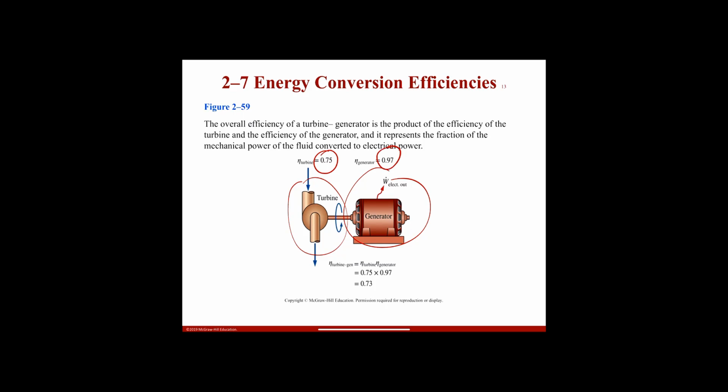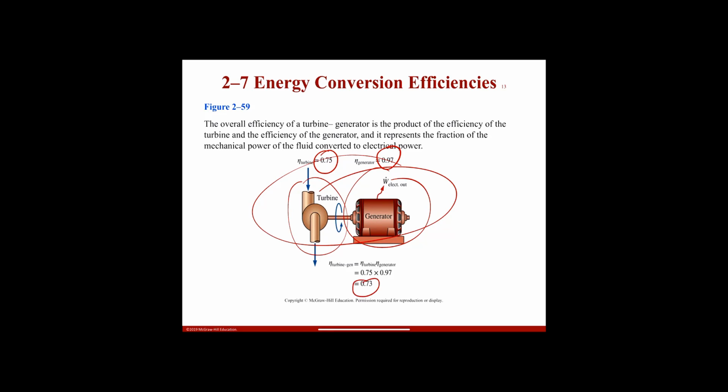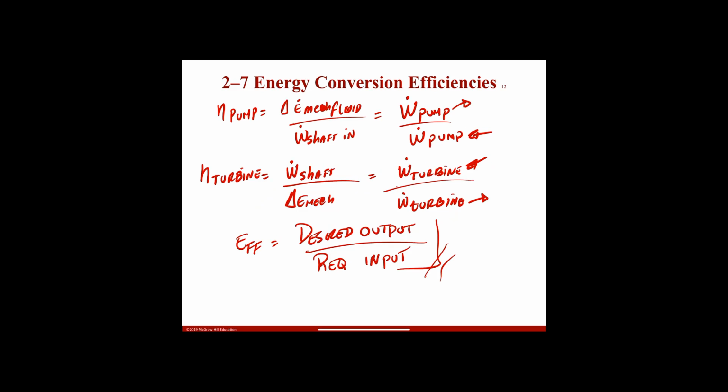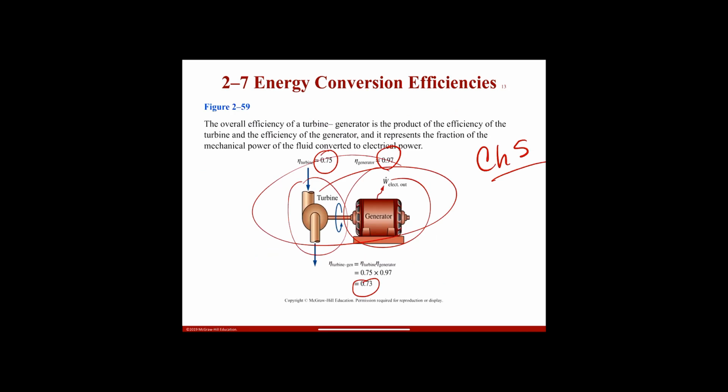The efficiency of the whole system will be the multiplication of the efficiency of the turbine times the generator. So 0.75 from this one and 0.97 will give me a total efficiency of 0.73. This topic will be developed in chapter number 5. So if you didn't understand exactly, or didn't have the idea of the efficiencies right now, that's fine, guys, because we're going to develop those once we reach chapter number 5.